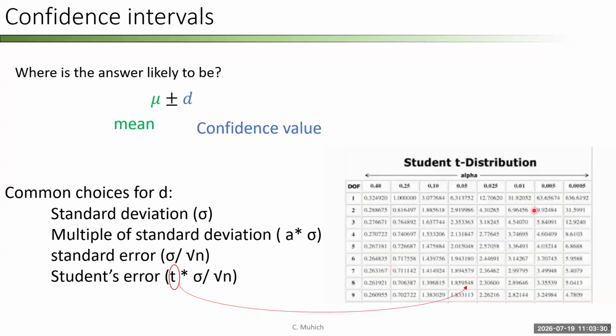I'm going to talk a little bit more, but we'll come back to this table. Across the top is how confident we are, and these values that sit down here are the t-values, and these degrees of freedom are the number of sample points minus 1.